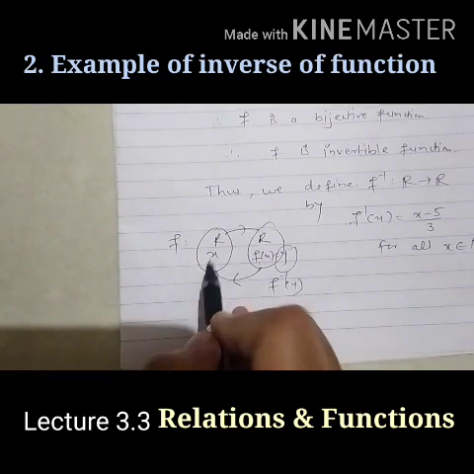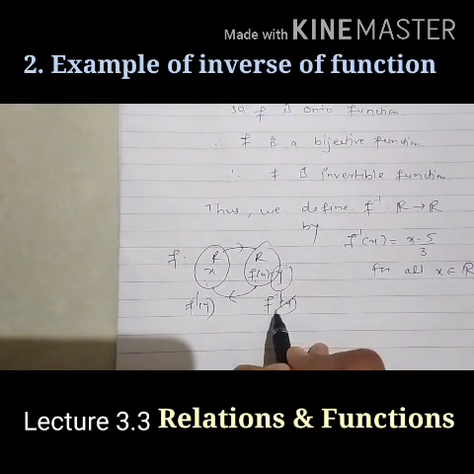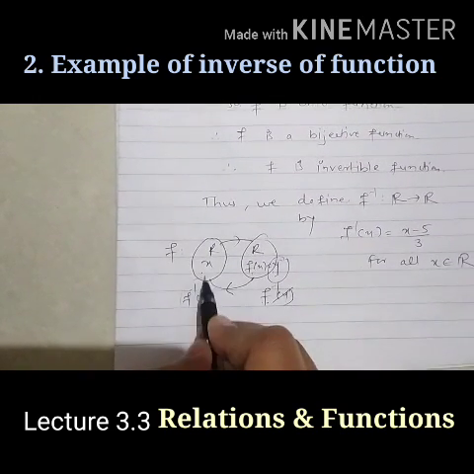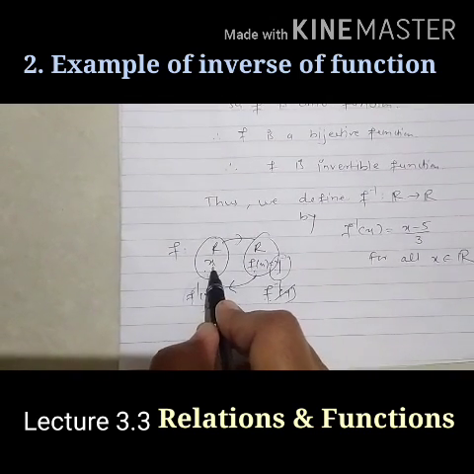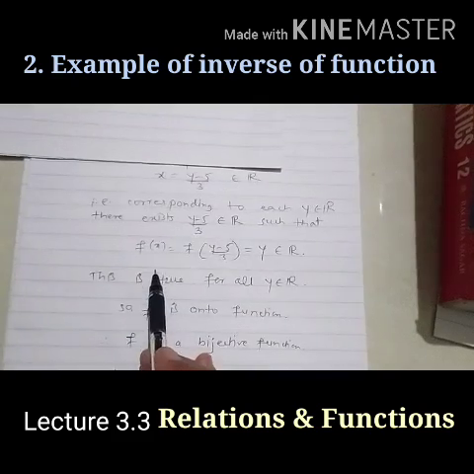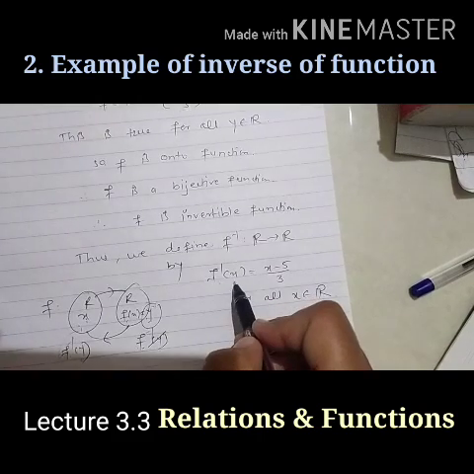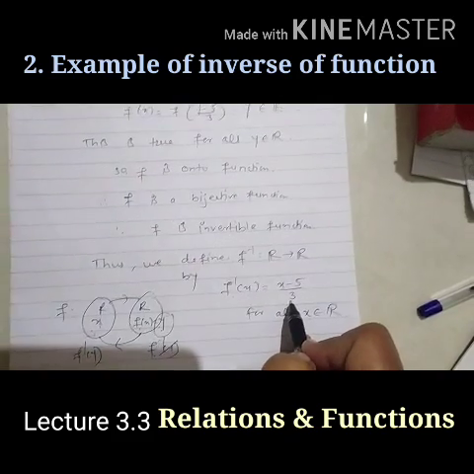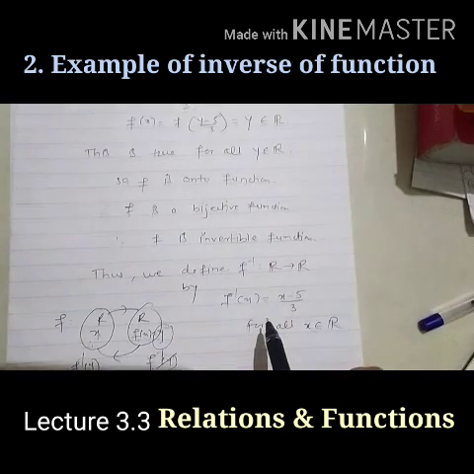So f inverse of y will be here, so x equals f inverse of y. Getting? So whatever the value of x will be, we have to write in the form of y. As we have written here, x is (y minus 5) by 3. So that's why we have taken f inverse of x as (x minus 5) by 3. Understood now? What is a bijective function, what is an invertible function, and how to define f inverse. Getting?